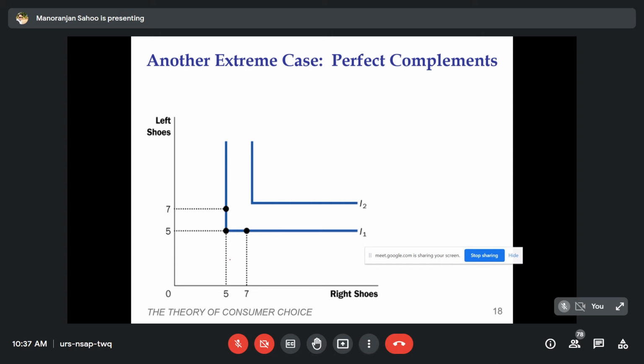Suppose here we have given one example of the left shoe and the right shoe. Suppose you are having 5 pairs of shoes. If only the number of right shoes increases from 5 to 7, but the number of left shoes remains the same, will your happiness be changing, will you be more happy?